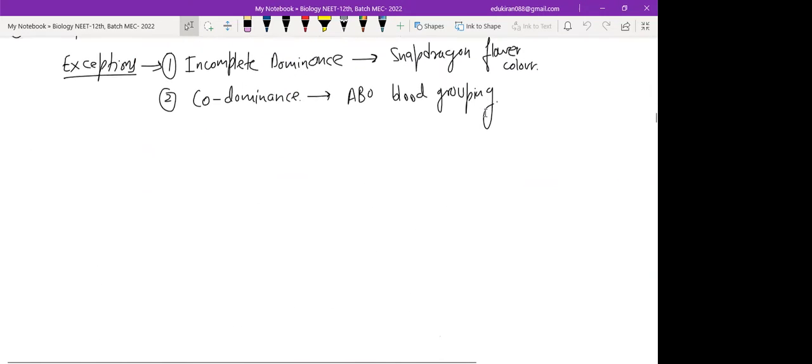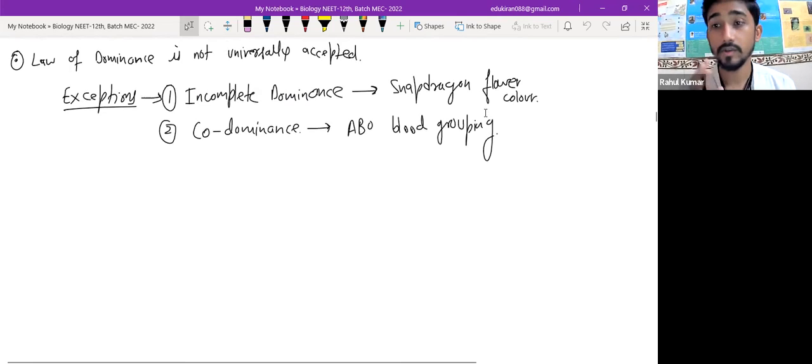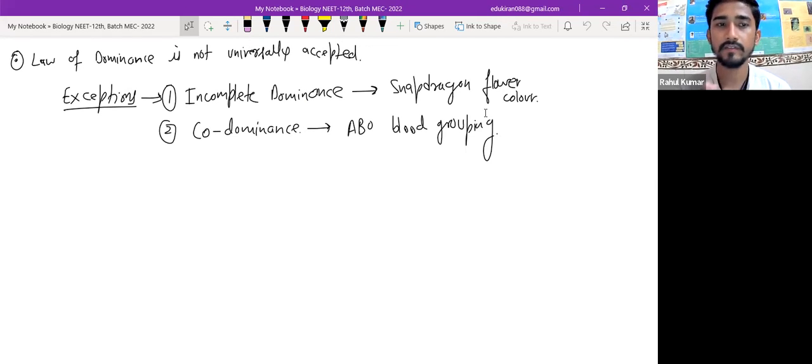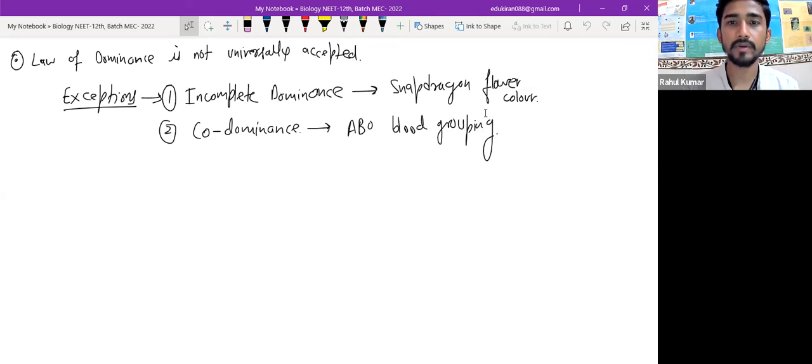In the end, I also told you that the law of dominance is not a universal law, which means it is not followed without any exception throughout biology. It does have exceptions, and there are two exceptions that we are going to study: incomplete dominance and codominance.